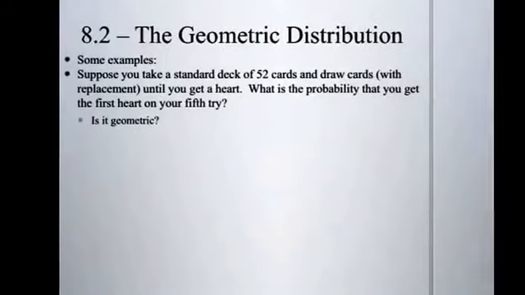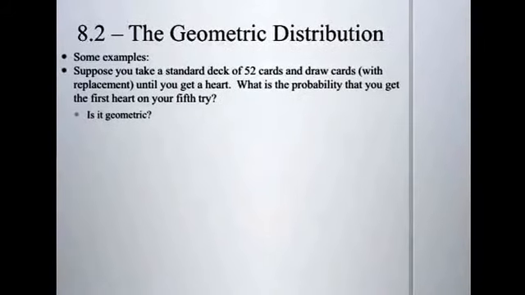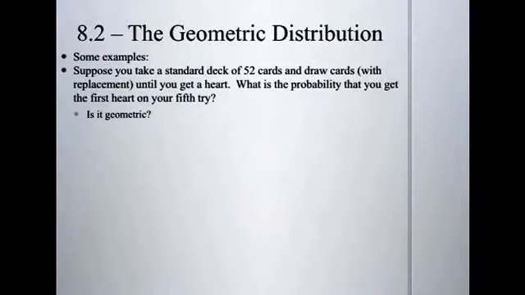Some examples. So suppose you take a standard deck of 52 cards and draw cards with replacement until you get a heart. Now, hearts is a suit in the deck of cards. In the deck of cards, there's 4 suits. Ignore that there's 52. We're not going to use that. There's 4 suits. There's diamonds, clubs, hearts, and spades. So what's the probability of getting a heart?